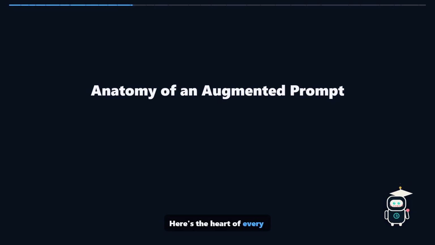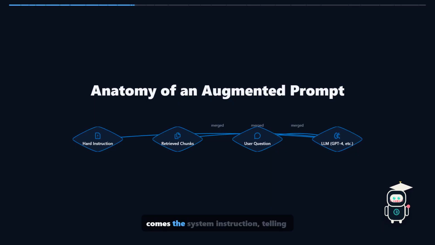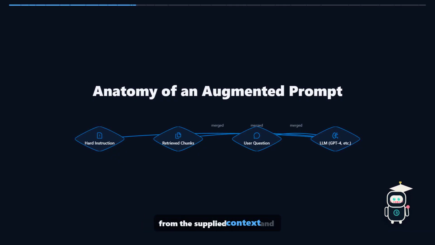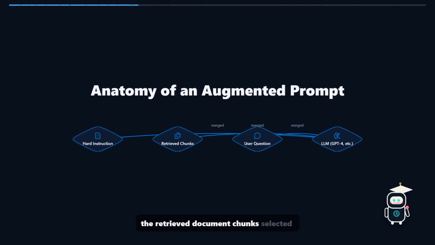Here's the heart of every RAG application. The prompt is built from 3 pieces. First comes the system instruction, telling the model to answer only from the supplied context and to clearly state when the information isn't available. Next comes the retrieved document chunks, selected by the retriever.